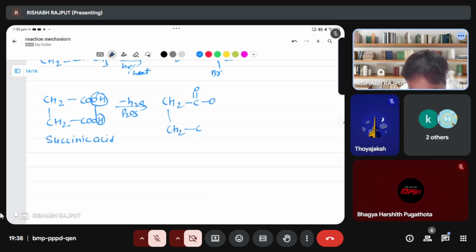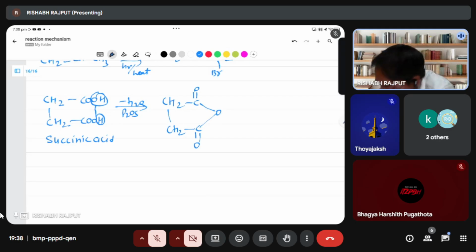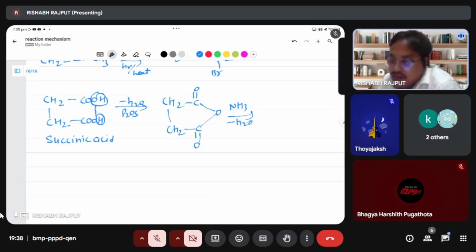See here, double oxygen is there, and one oxygen will connect to both. Like this. Then I will put ammonia again. Because of ammonia, water, I cannot say water, but H2 will come outside.